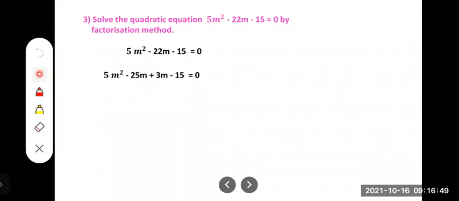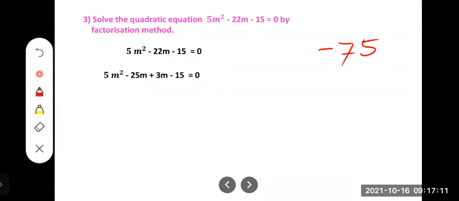Now how can we split over here? The same way, when you consider this minus 15, multiply this 5 with this minus 15. So how much do you get? Minus 75.